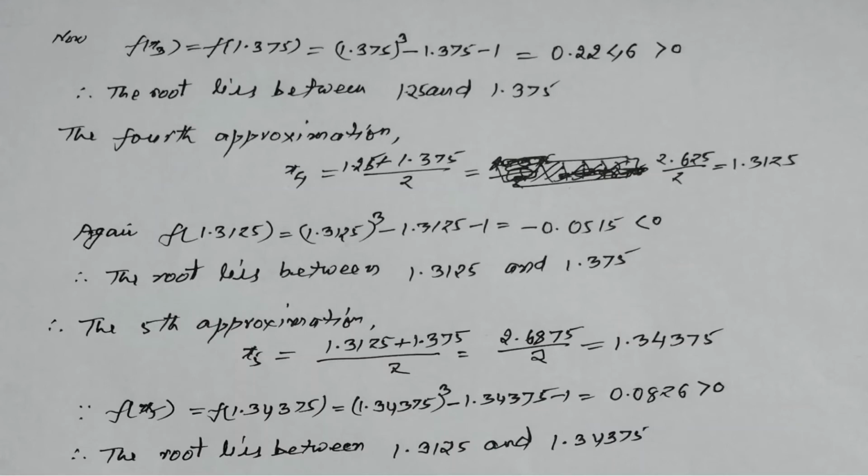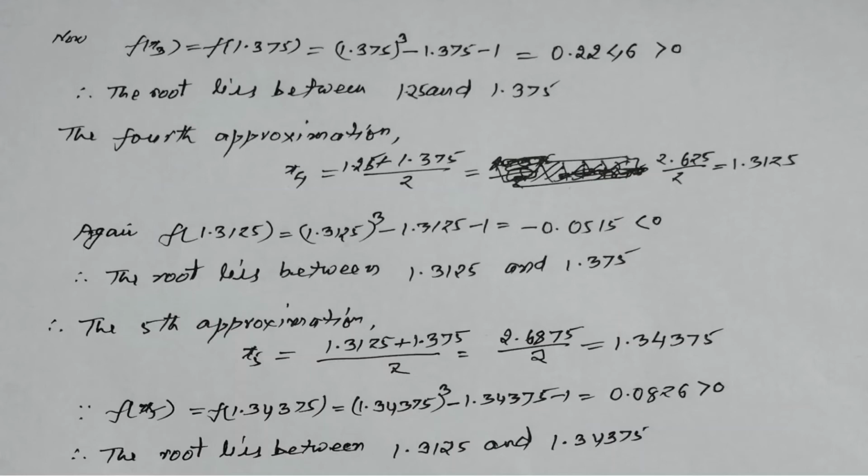The fourth approximation, x4, will be (1.25 plus 1.375) by 2, that is equal to 2.625 by 2, that is equal to 1.3125.